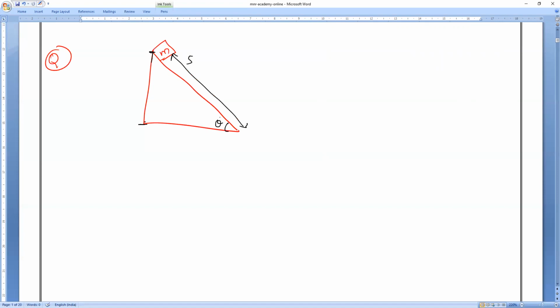Then can you tell me what will happen here? The displacement is S, so here it will be S cos theta, and here S sin theta. And it is a frictionless surface. What surface is it? Frictionless surface, meaning a smooth surface or a rough surface? Everybody, it is a smooth surface.